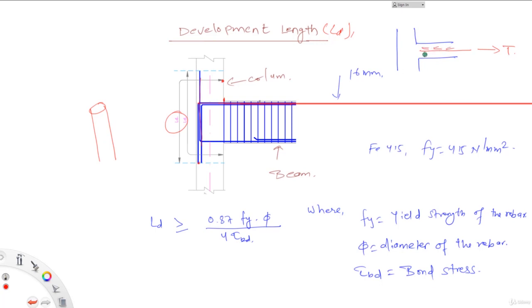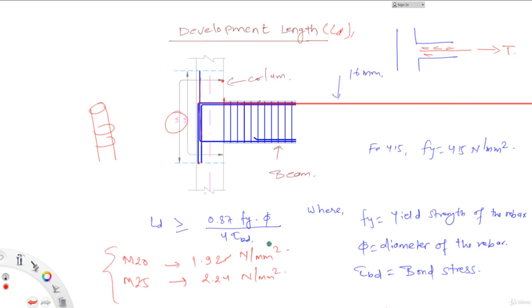The stress is generated throughout the entire surface, and that stress we call the bond stress. This bond stress depends upon the grade of the concrete. If you are using M20 grade of concrete, then bond stress is equal to 1.92 Newton per mm square. If you are using M25, then this bond stress is equal to 2.24 Newton per mm square.